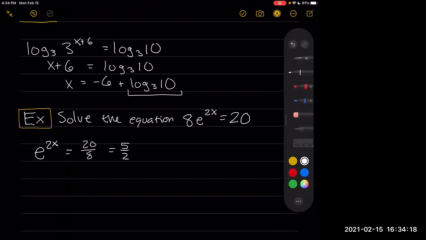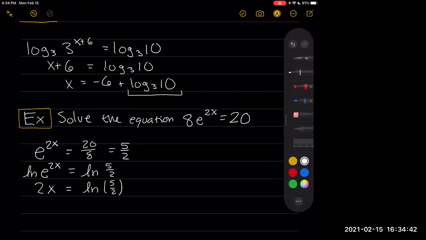And so then we're going to take the natural log of both sides. So the natural log of e to the 2x equals the natural log of 5/2, which then we are able to just have 2x equals the natural log of 5/2.